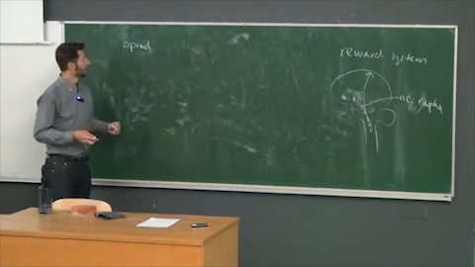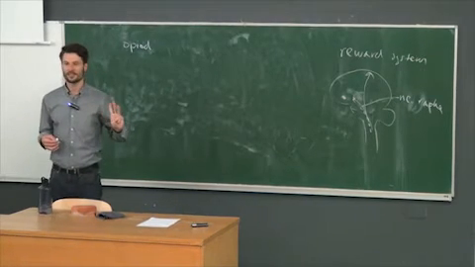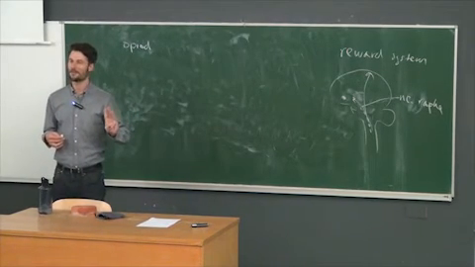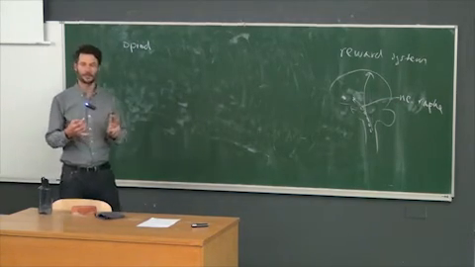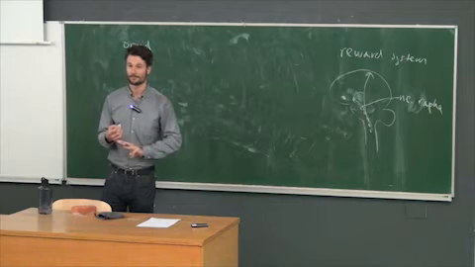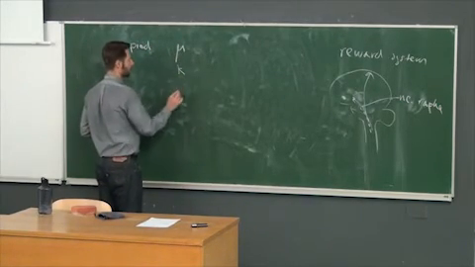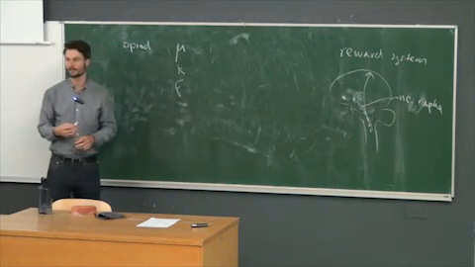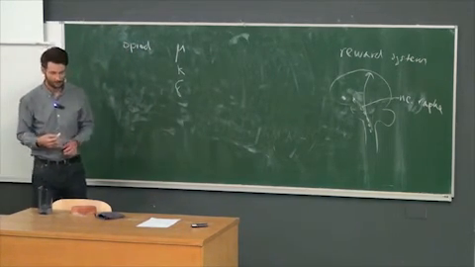Also, there are three kinds of opioid receptors. Okay? And we're going to see a completely different naming convention here. They're labeled by Greek letters. Okay? And we have mu, kappa, and delta receptors.